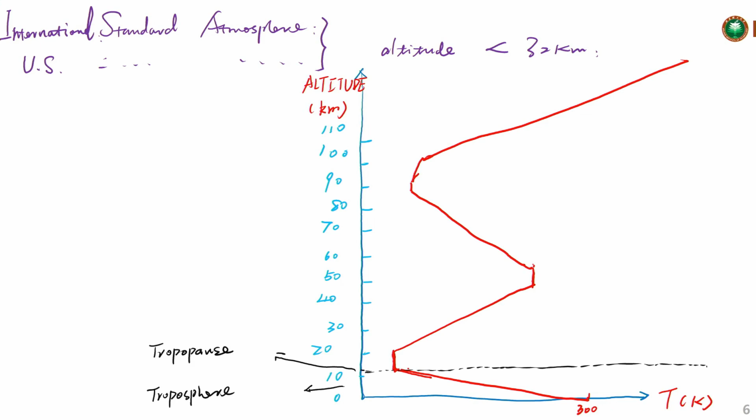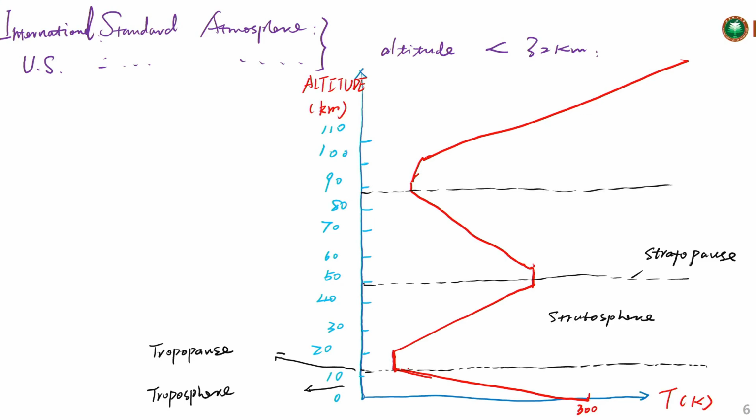So now we can define this layer. There's another layer, called the stratosphere, and the top of this layer is called the stratopause.